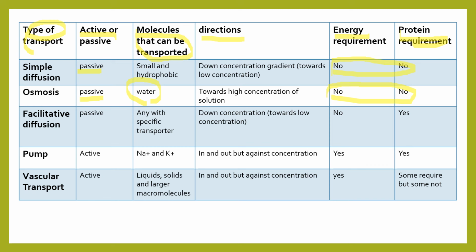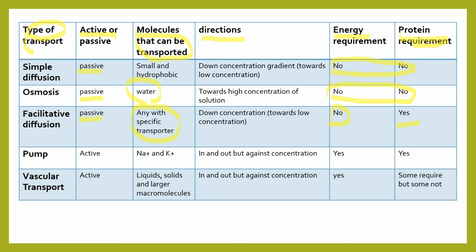Facilitative diffusion is a passive type of transport. Any molecules that require transport can be transported. The movement is down the concentration gradient, which is towards low concentration. Facilitative diffusion doesn't require energy, however, it requires transport proteins.